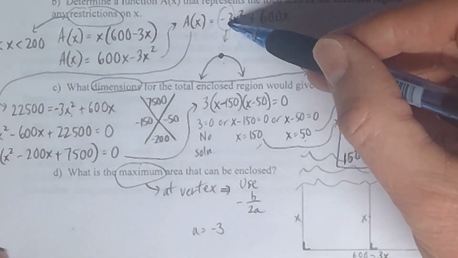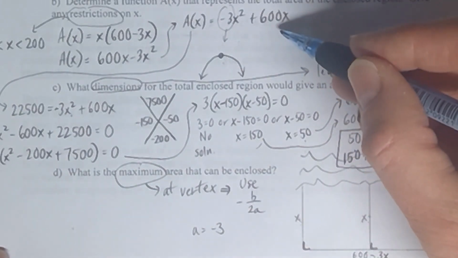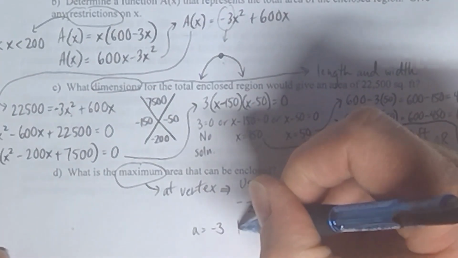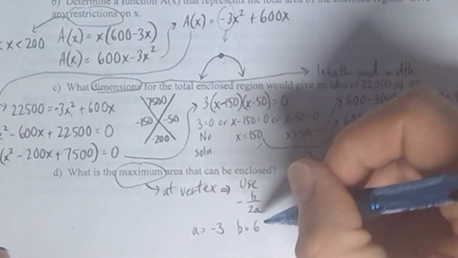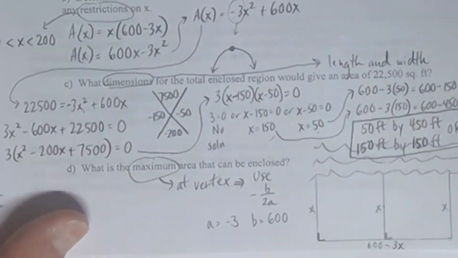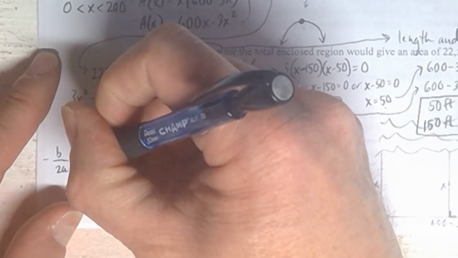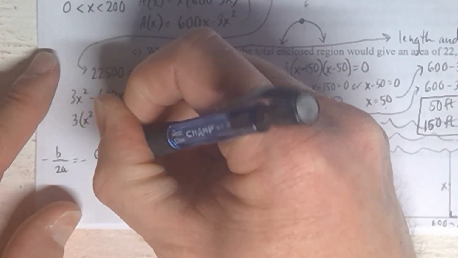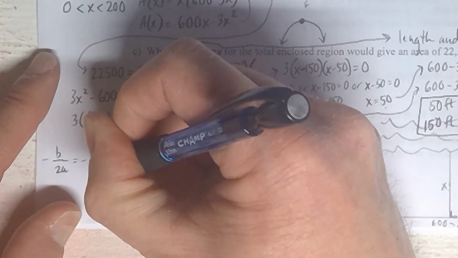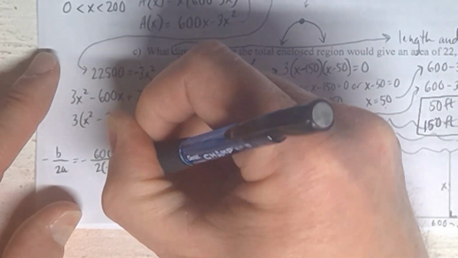The little a is -3, and the b is the coefficient of x, as always, and that would be 600. So plugging that in over here, I get -600 over 2 times -3.